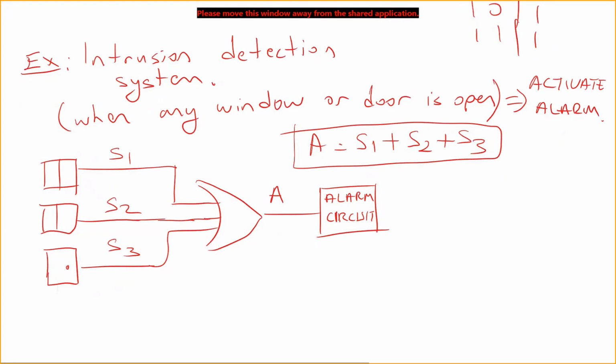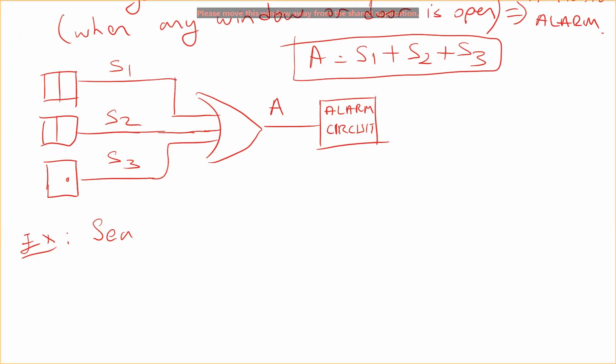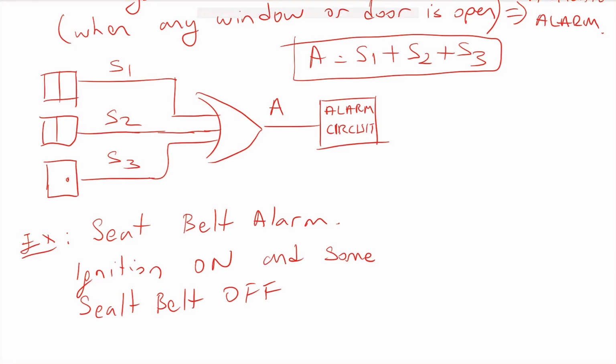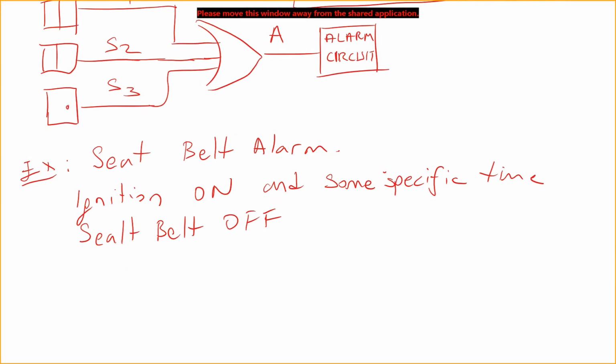So let's make an example for the AND gate. Let's say I will design a simple seatbelt alarm. In this case, if the ignition is on and the seat belt is off, and after some specific time, I will make my seat belt alarm sound. So I have this ignition sensor and it needs to be on.